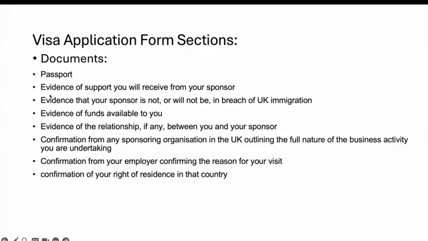And then evidence that your sponsor is not or will not be in breach of UK immigration. So you just mention that it's a university in Canada, they don't have anything to do with UK immigration, and that's good. Next one is evidence of funds available to you.